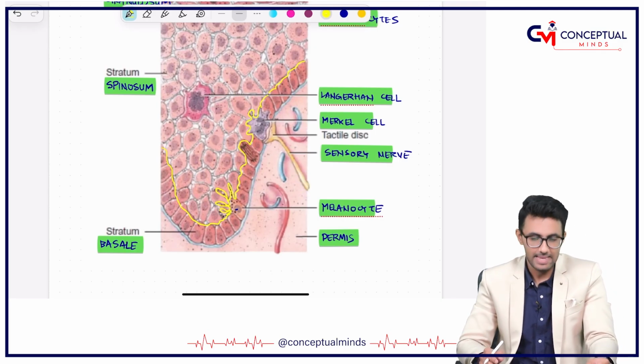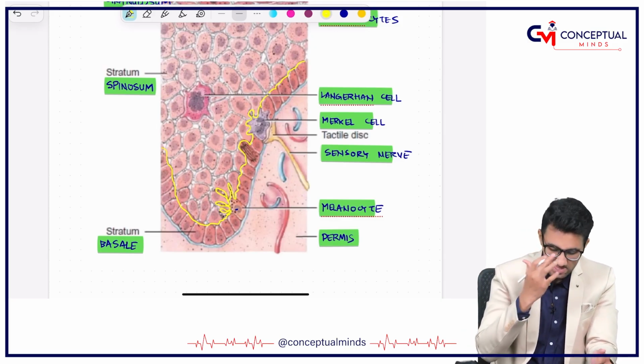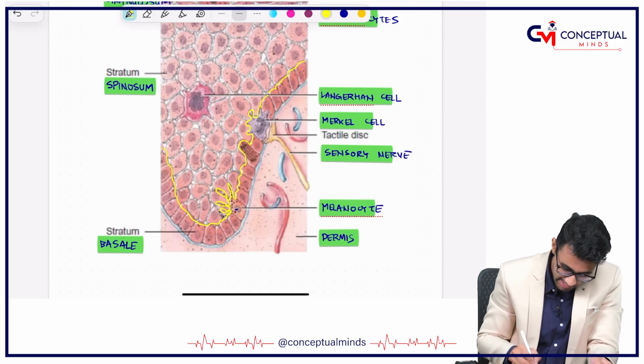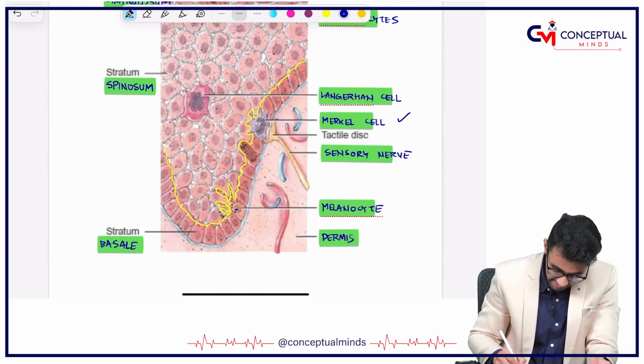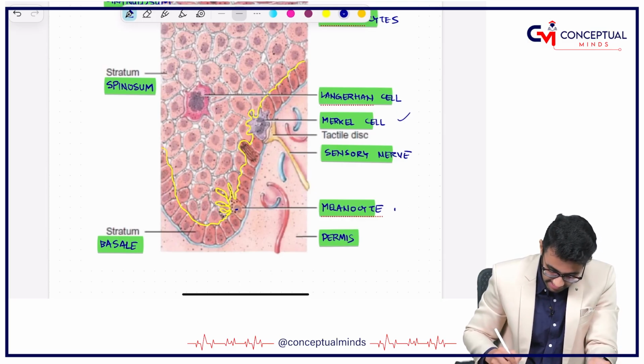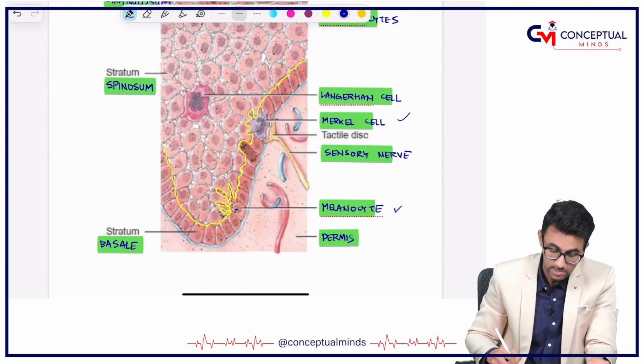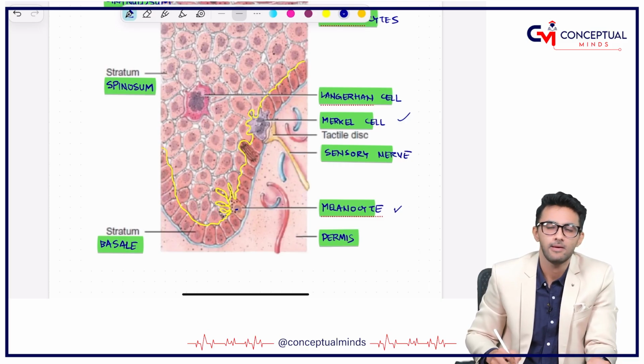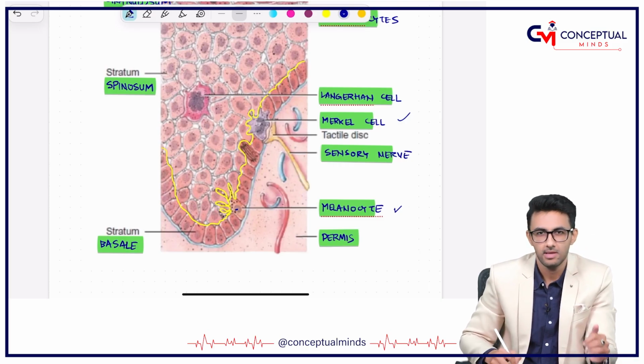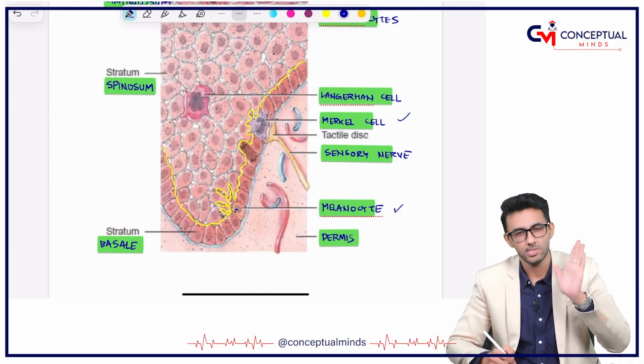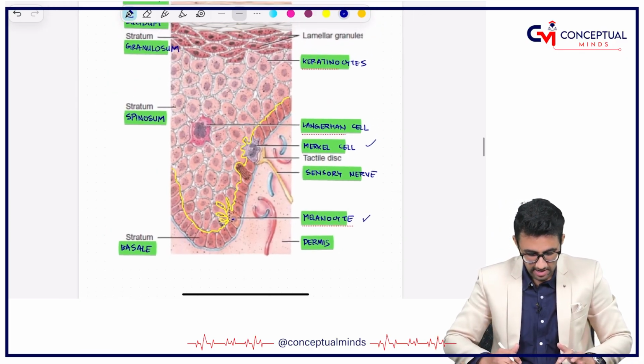That is the stratum basale. So what cells can you see? First one is the Merkel cell, and we see a melanocyte. Melanocyte, Merkel cells. Which layer? Stratum basale. So let us revise the whole chapter once again.